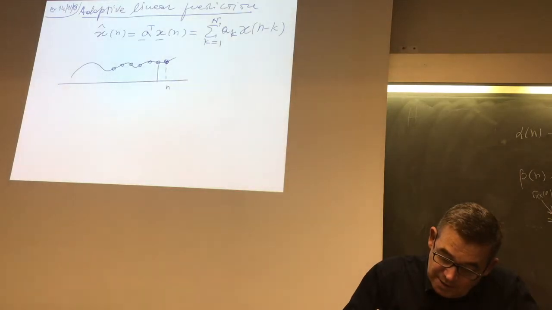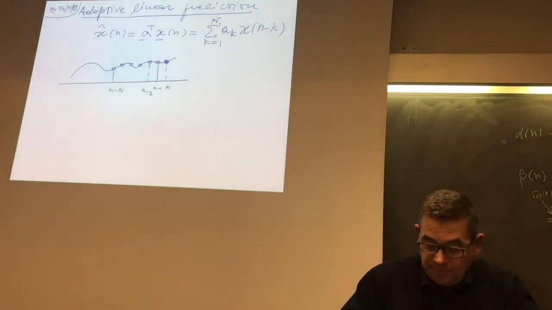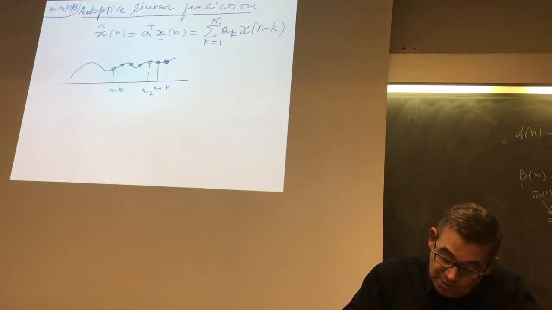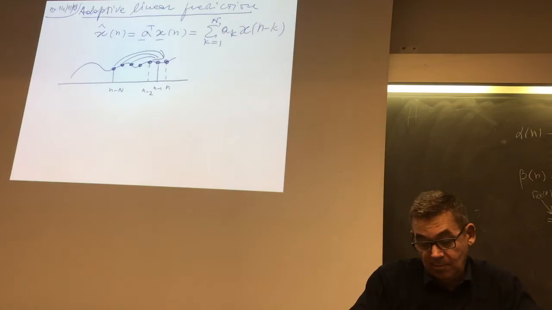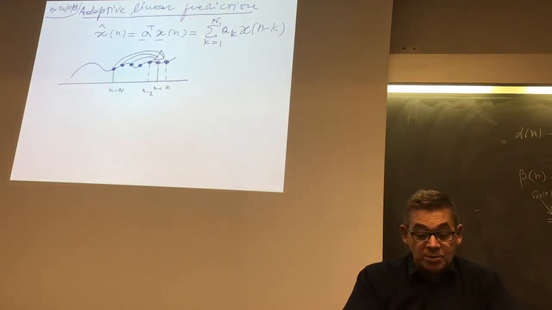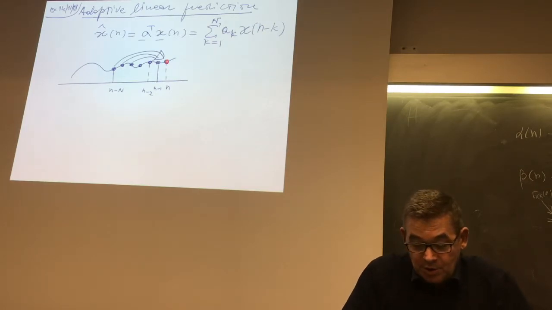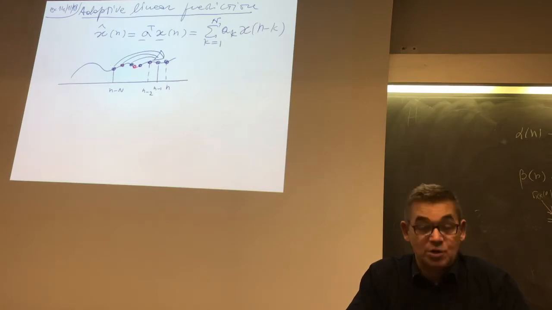So this is n minus 1, this is n minus 2, until I have n minus N. So I'm using all these samples to predict that. That's my goal. I want to estimate the sample at position n from all the past samples in the previous positions.